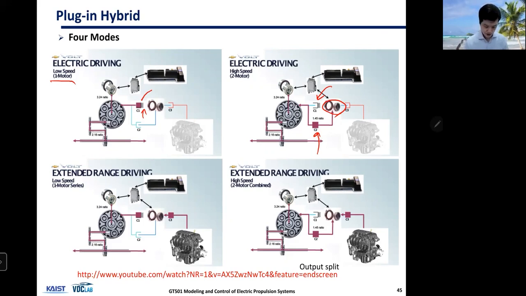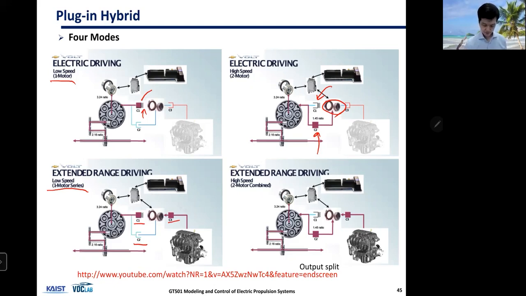And then for hybrid modes, one motor, so low speed series hybrid mode requires these C1 and C3 engaged, and then C2 disengaged.